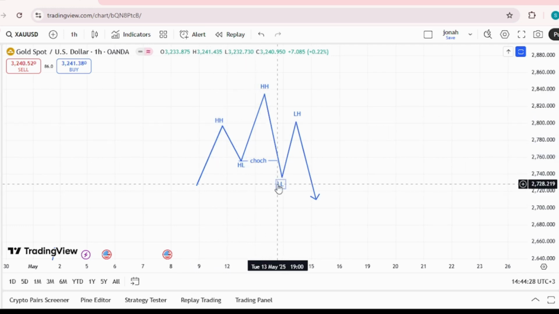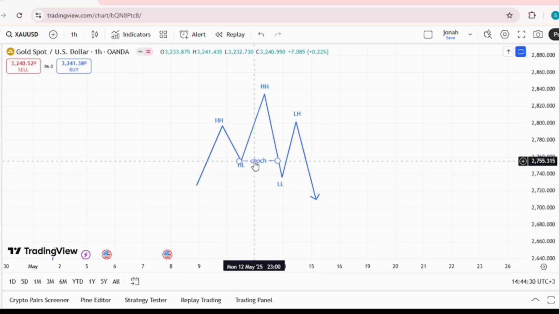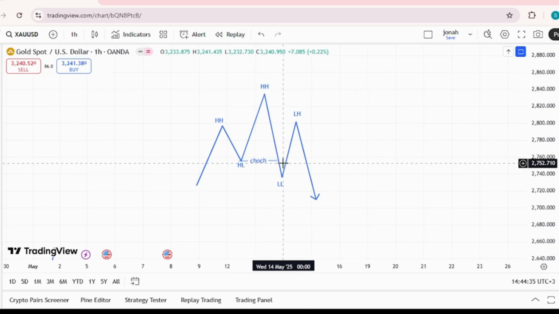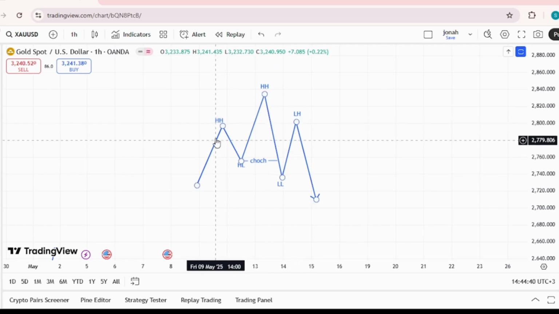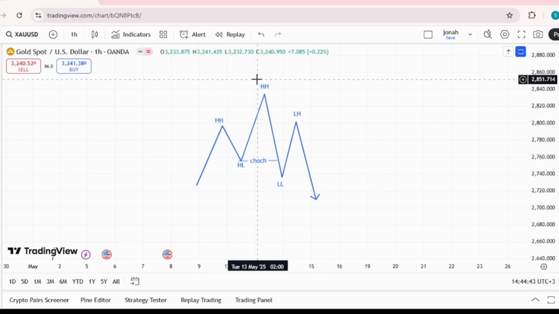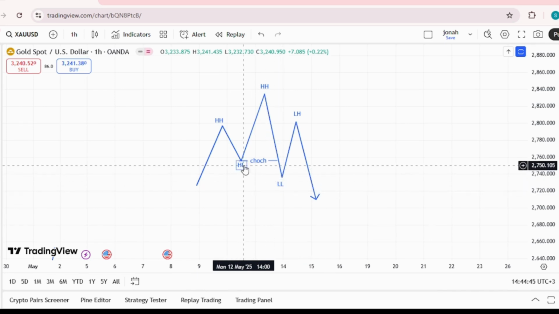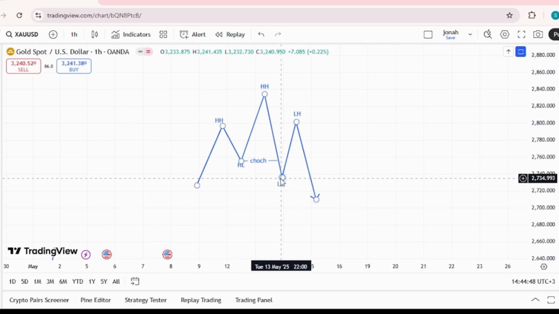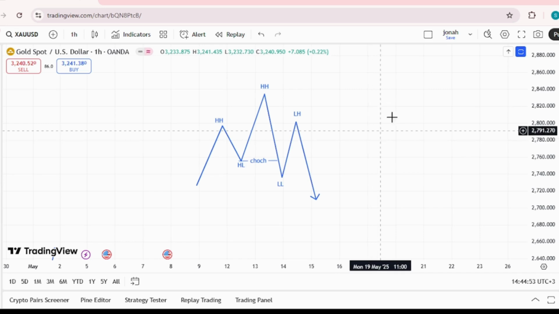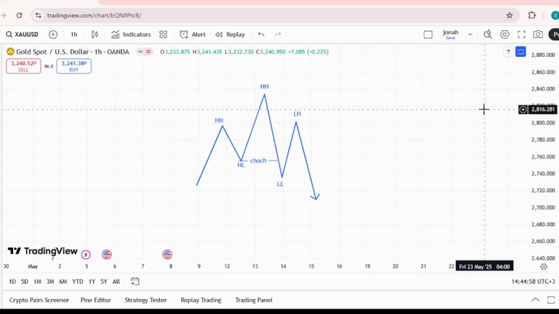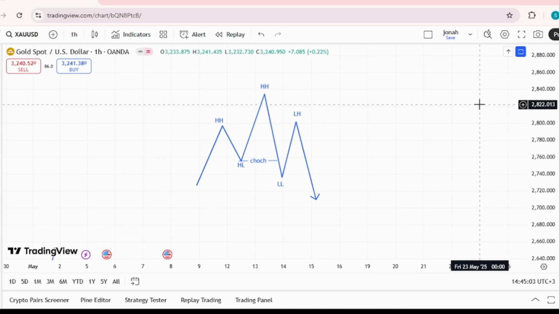When it breaks below the previous higher low, this is an early indication that there might be a reversal. So that's break of structure and change of character. I'm sure you'll never be confused again when you see CHoCH and BOS.